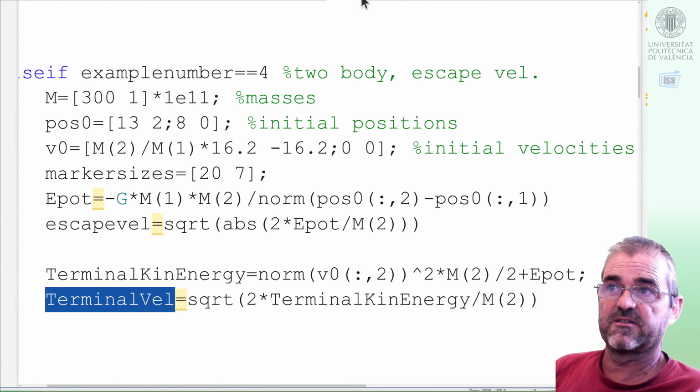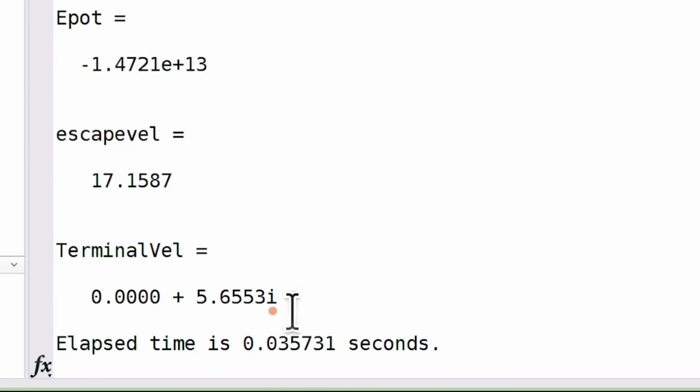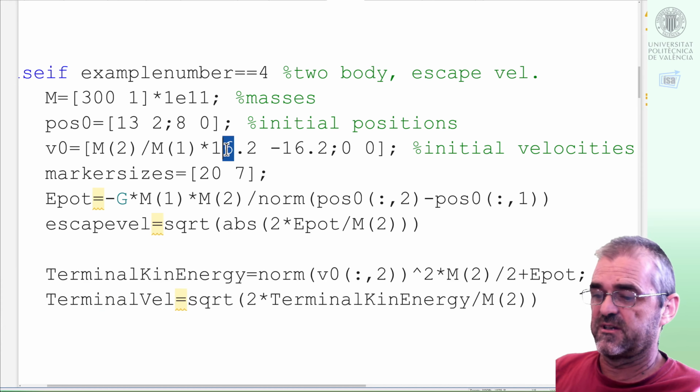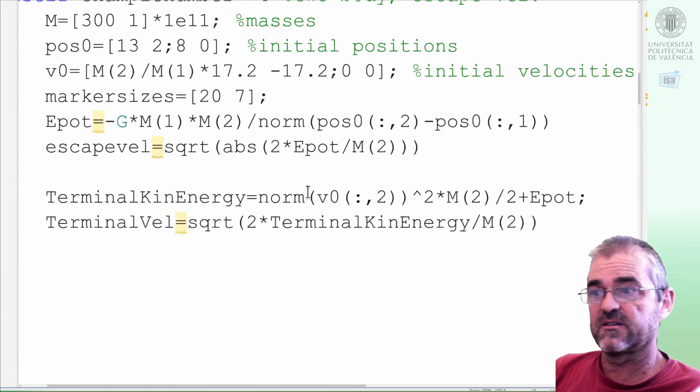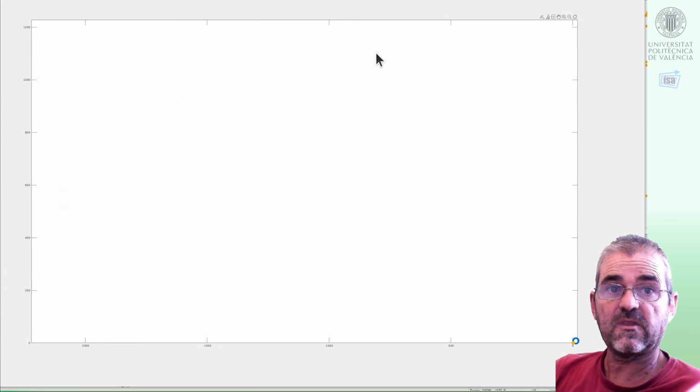And this terminal velocity ends up being an imaginary number, so we cannot go to infinity. But if we put an initial velocity above the escape velocity, then starting at the same positions, it will escape.